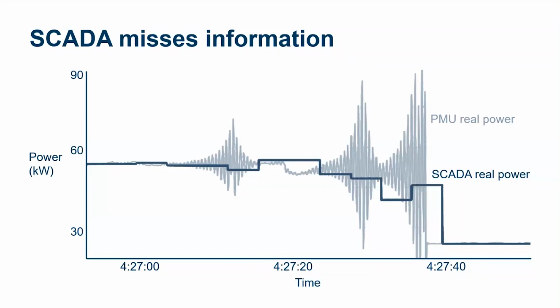And what you can see by looking at the SCADA data on the same screen is that it provides limited visibility, and by looking at it, I can't really understand why that generation source was removed from the system. That's the type of visibility that's going to help us as we transition as an industry into a system where we have a significant amount of renewable generation and inverter-based resources contributing to our system.